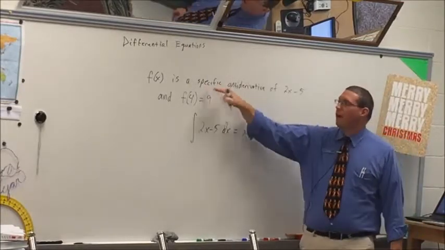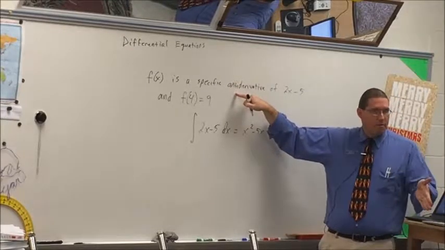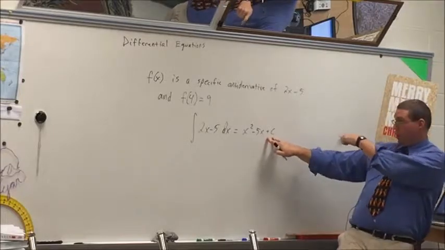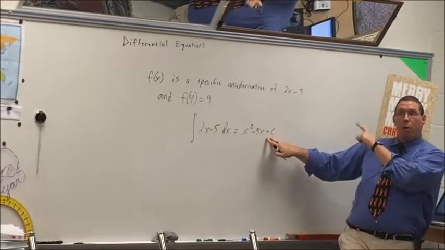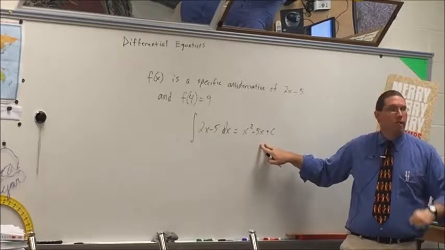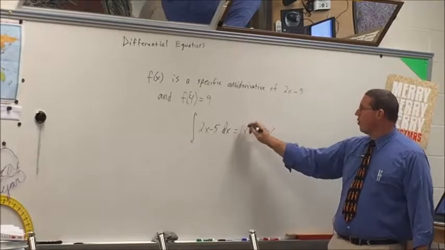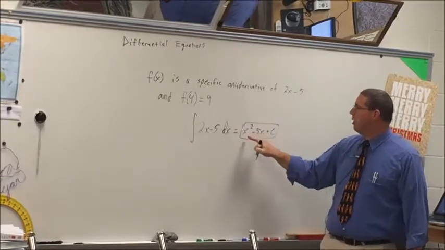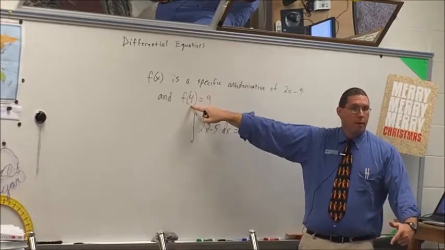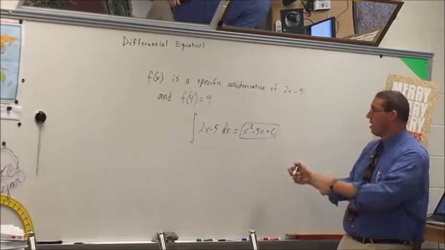And do you remember that one of the main tasks in finding a specific antiderivative is solving for c, right? So if we know that f of x is equal to this thing here, and we know that when x is 4, the answer is 9, how can I solve for c?